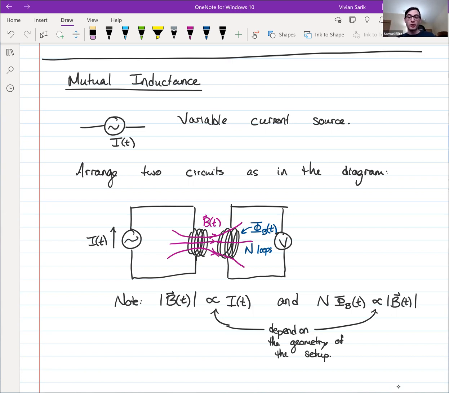We're going to do the same thing here, where we can relate the induced voltage, which is going to come about because the flux is changing. We're going to relate the induced voltage to the current flowing through the first loop, and they're going to be related by just a number that's determined by the structure of the system, the physical structure.